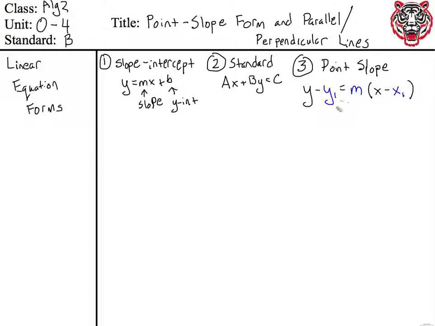If this helps you, let's write this down too. This guy there is slope, and the point, not plural, just the point, is x1 comma y1.